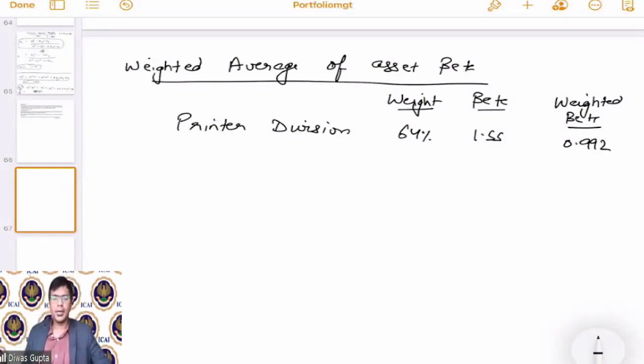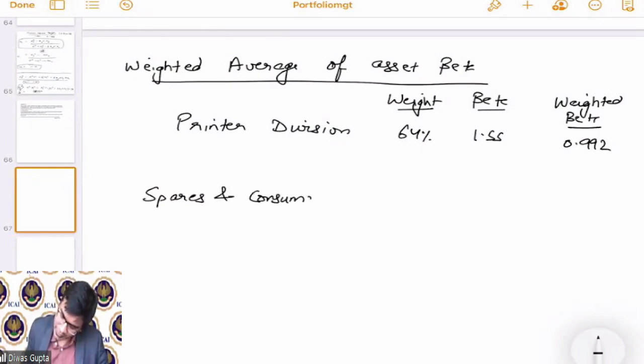This is the printer division's contribution. The second is spares and consumables.